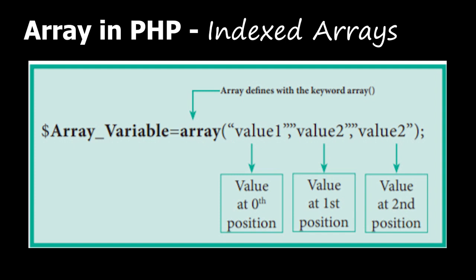Next, we'll see about the indexed array. Indexed arrays mean arrays with a numeric index for the available values in the array variable. This contains key value pairs, as the developer can use the values using the key.